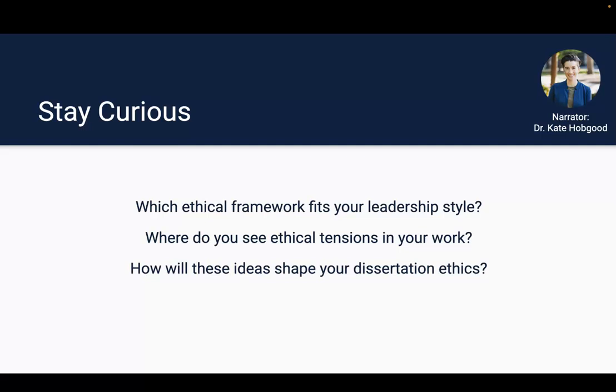Where do you see these ethical tensions in your work? Whether in your work in particular, or dynamics between you and other leaders or stakeholders in your organization, or certain policies or programs that your organization has. And then also think, how will these ideas shape your dissertation ethics? As a scholar practitioner, yes, you've already been through the process of IRB, so you understand some of the ethics there.